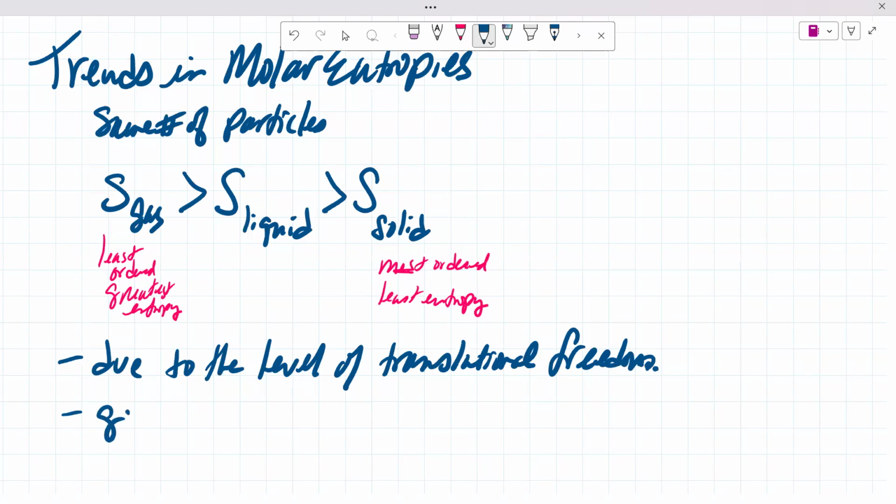Gas particles translate in 3D and have few interactions.